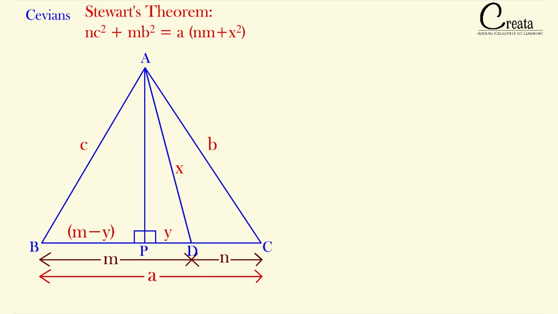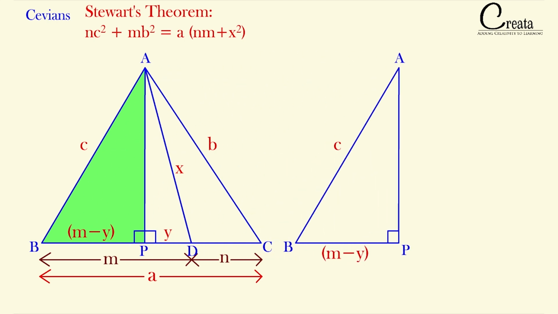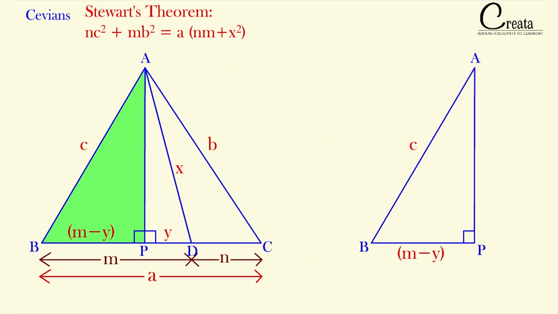After introducing this line AP which is perpendicular to BC, we got many right angle triangles in the figure. The first right angle triangle that we are seeing is APB. This is a right angle triangle. Let's apply the Pythagoras. That is, hypotenuse square is equal to the sum of squares of the other legs of the triangle.